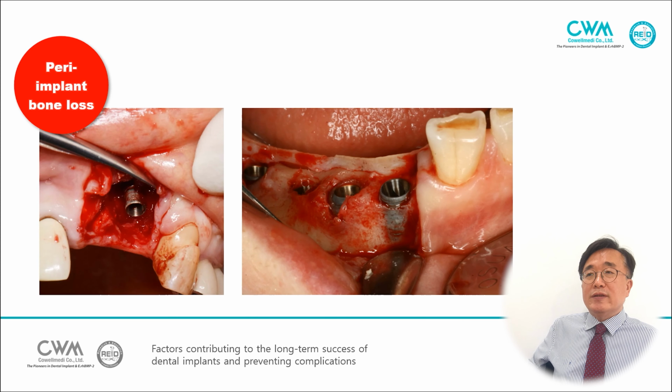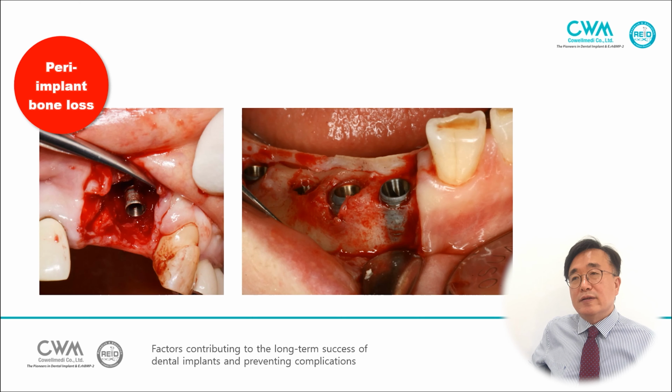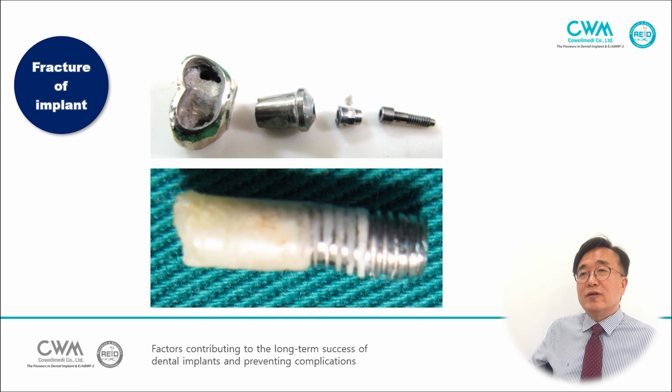First, peri-implant bone loss occurs in the implant. After loading, the peri-implant tissue is impacted and the peri-implant bone is resorbed. Sometimes the buccal bone plate is decreased, and implant components, abutment, abutment screw and fixture could be fractured.